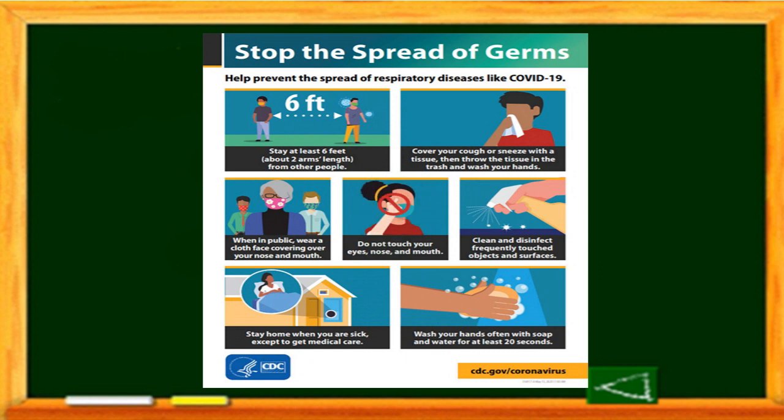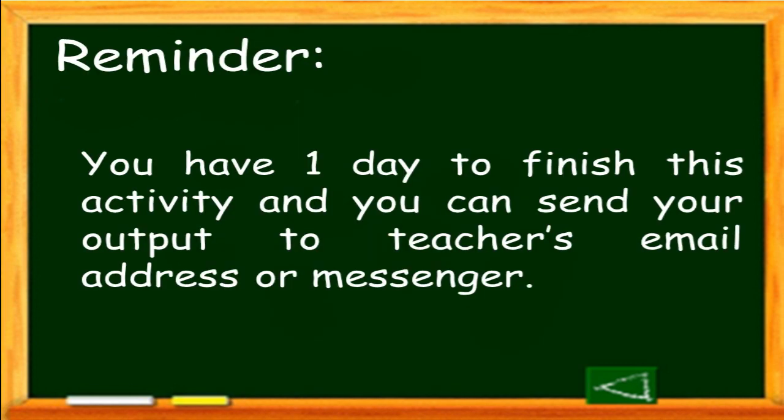On the screen is the illustration or still image that you have to use in your Tell Me a Story activity. I would like to remind everyone that you have one day to finish this activity, and you can send your output to the teacher's email address or messenger.